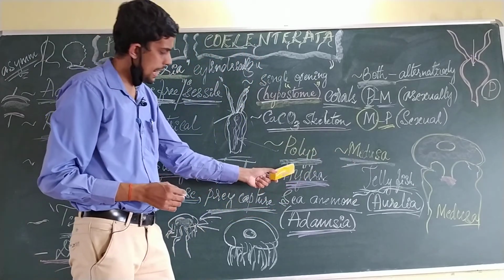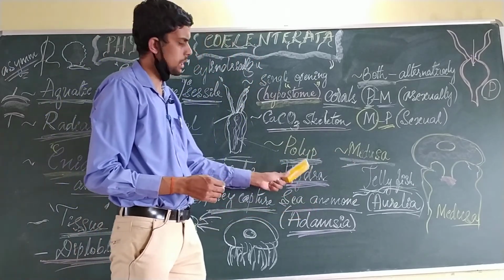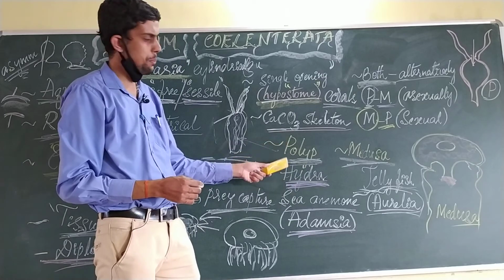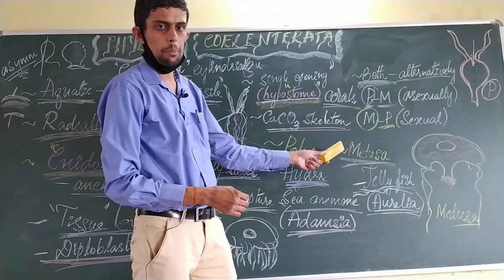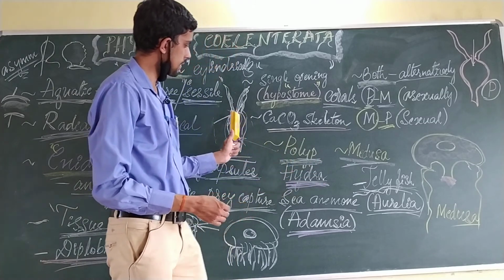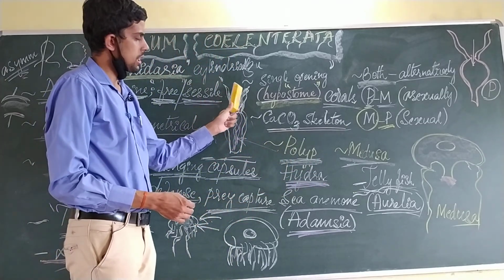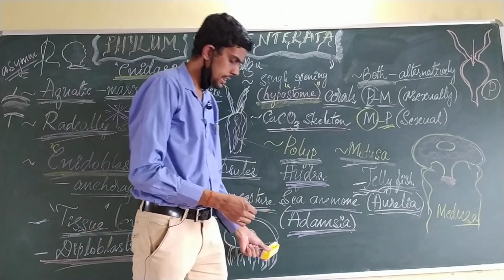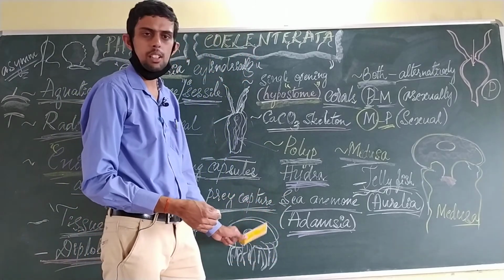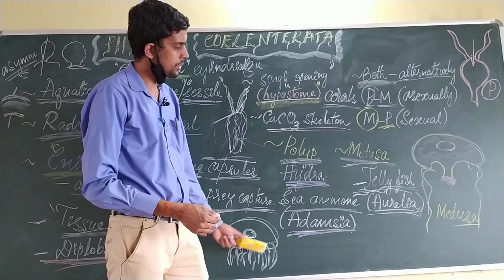For example, Hydra or the sea anemone constitute the polyp type, whereas the jellyfish constitutes the medusa type. Here, polyp is cylindrical with tentacles restricted to the tip. Medusa is a flattened structure with tentacles present all over the lower surface. Right?